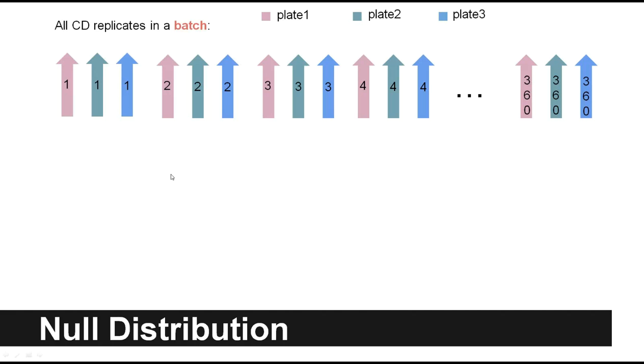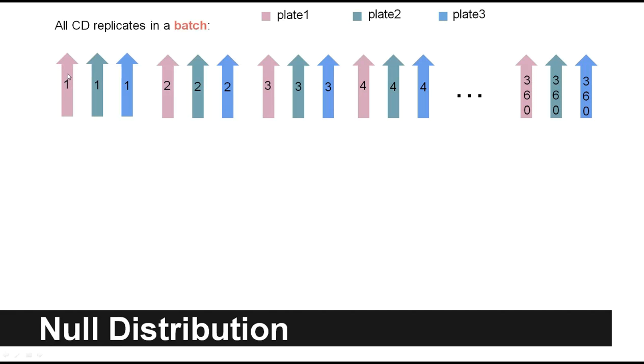So we use the null distribution to compute the cutoff. These arrows represent the CD replicates of all the experiments in a batch. Recall that a batch is basically just a group of experiments that share the same plates.